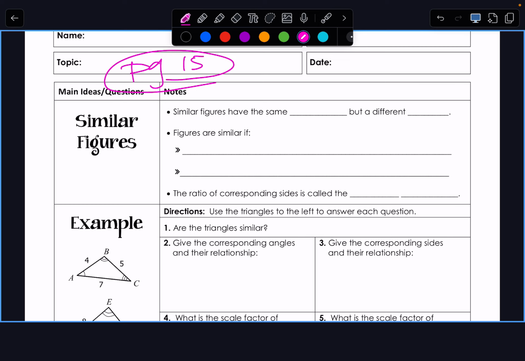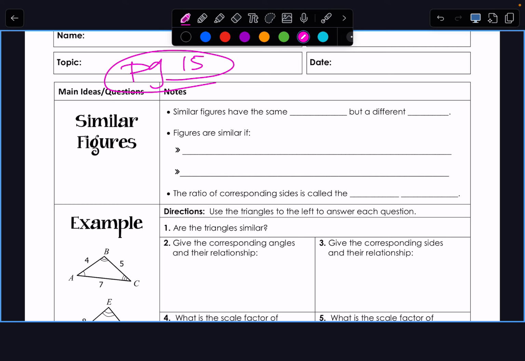Okay? Up until now, everything we've done in our unit has been about congruent figures. Today, we're going to talk about what's called similar figures. Okay? So I have a question.